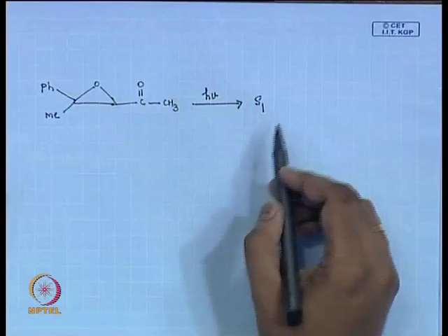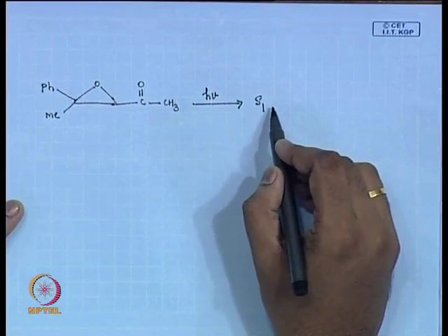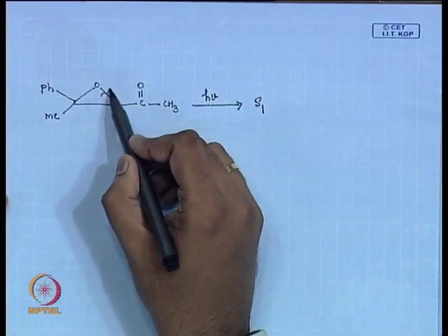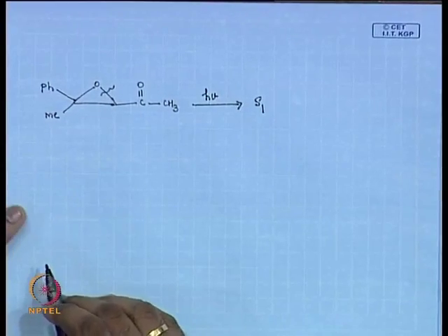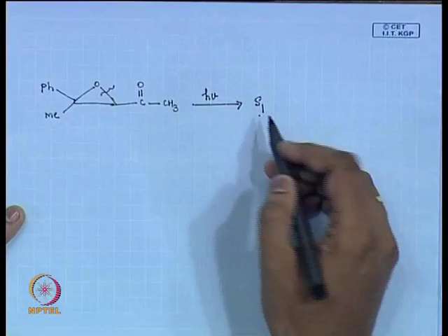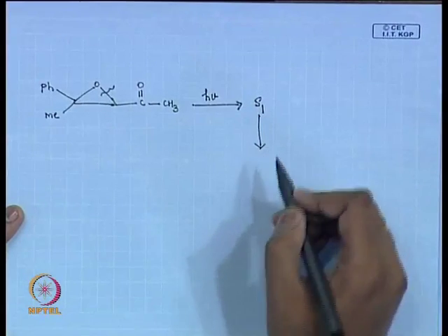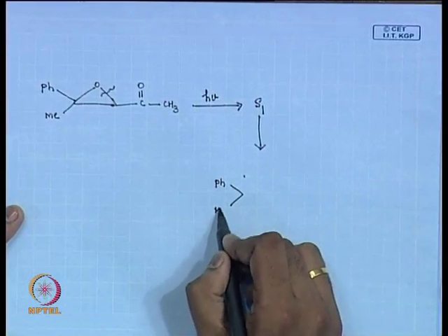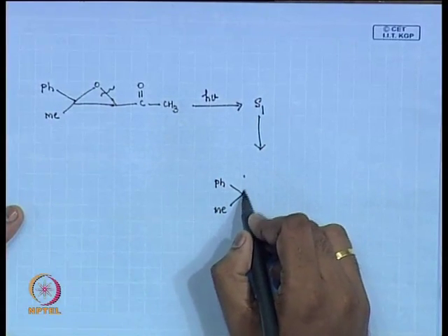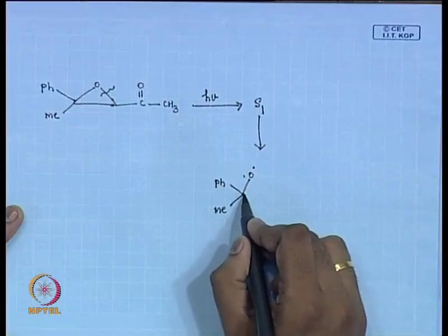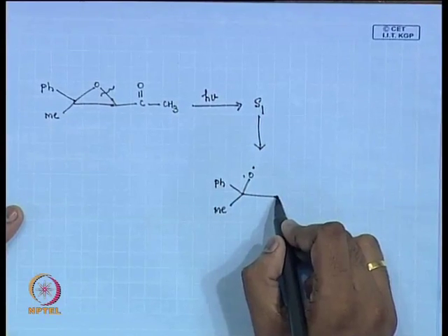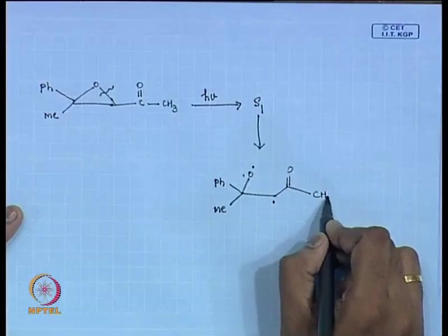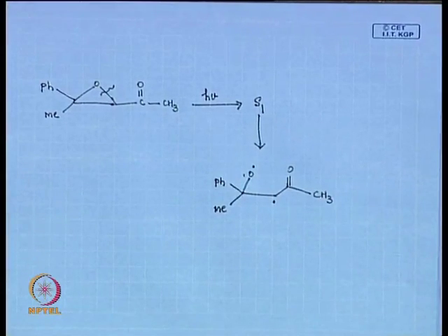You remember, now from S1 I can do my cleavage. In this case you know that I can cleave because the C-O bond is a little bit weak. So I can get a radical, what radical can I get? I can get a phenyl, methyl, O dot. It looks like a simple system.